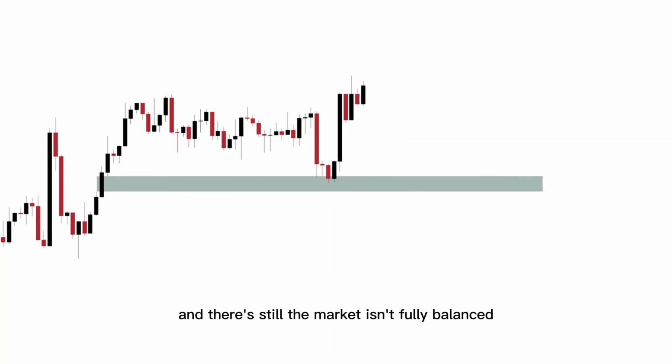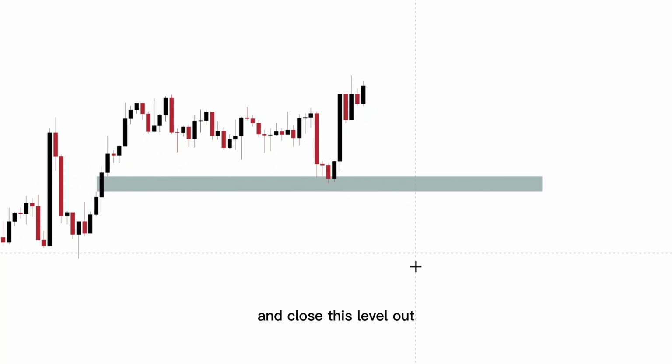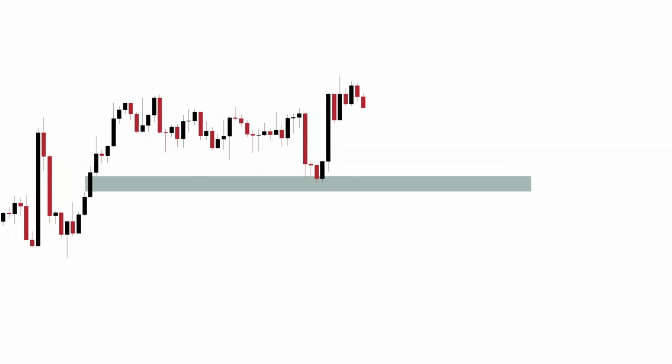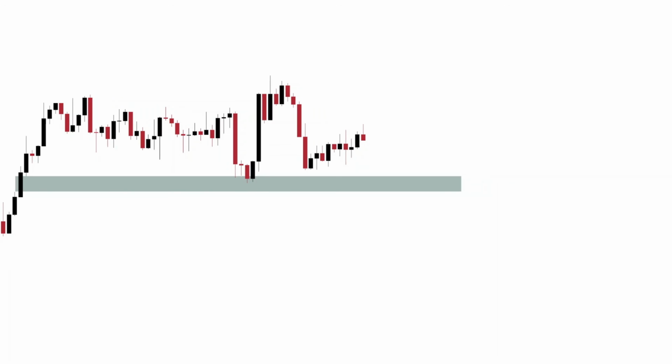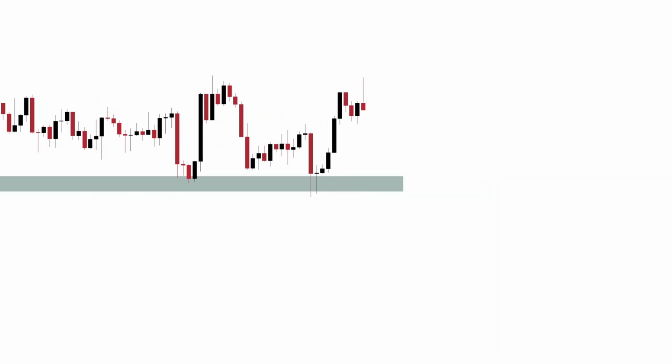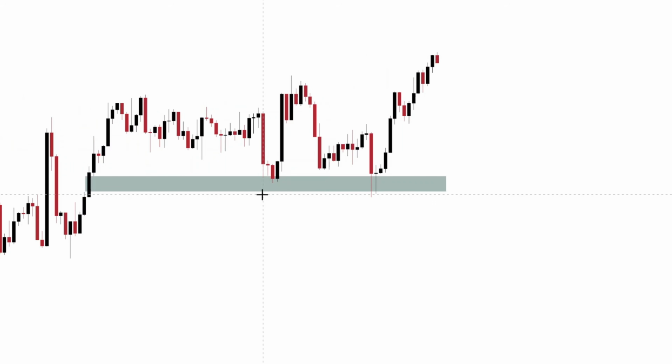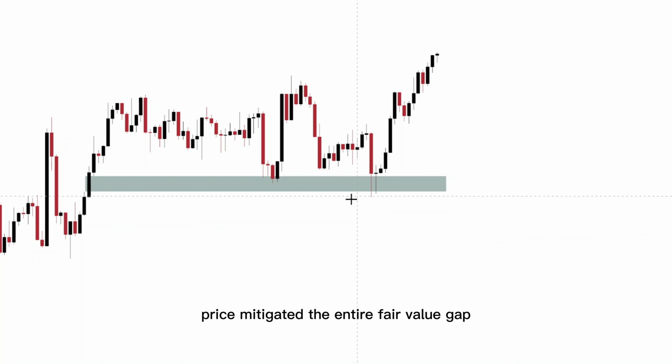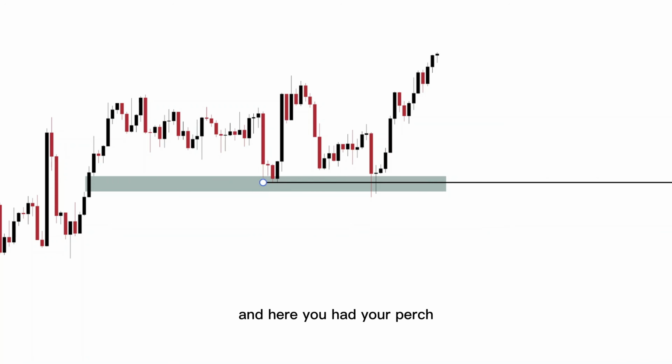The market isn't fully balanced, so price does need to come back and close this level out. As you can see here, price mitigated the entire fair value gap and continued to the upside. And here you had your purge. So liquidity was purged.